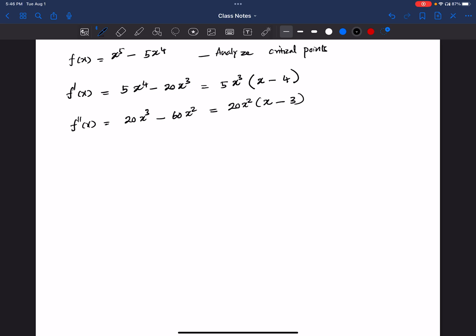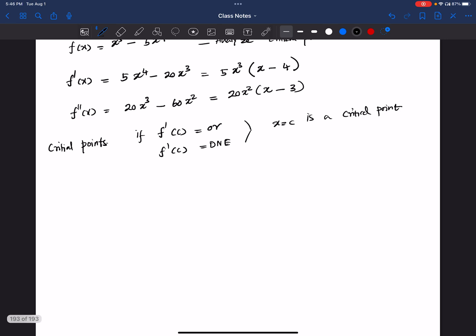So critical points: if f prime of c equals 0 or f prime of c does not exist, x equals c is a critical point.